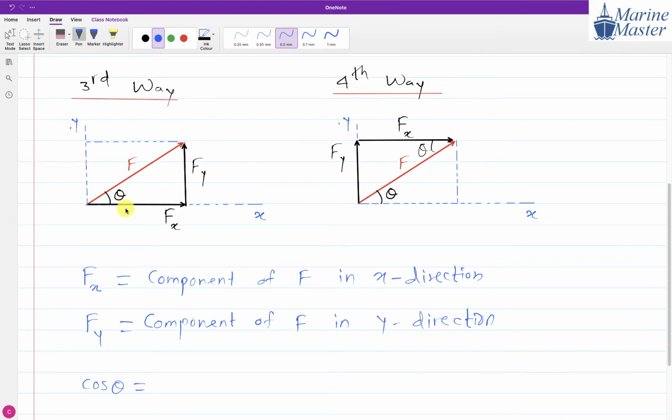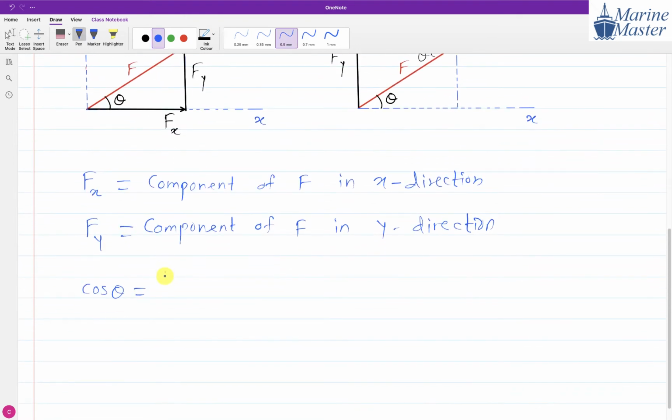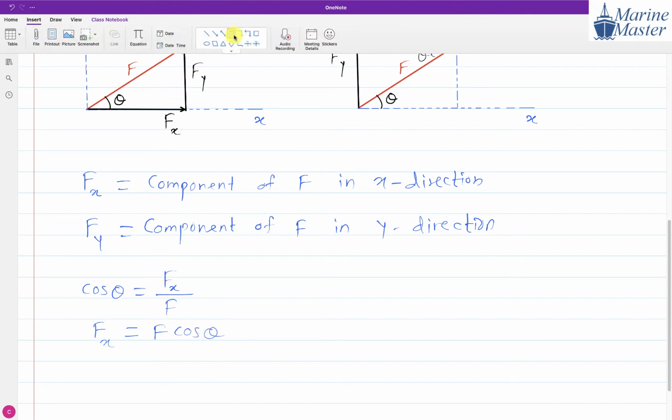So observe this triangle. What is adjacent for this theta? Fx. What is hypotenuse for this triangle? F. So cos theta is Fx by F. So Fx will become F cos theta. In this way we will get Fx.